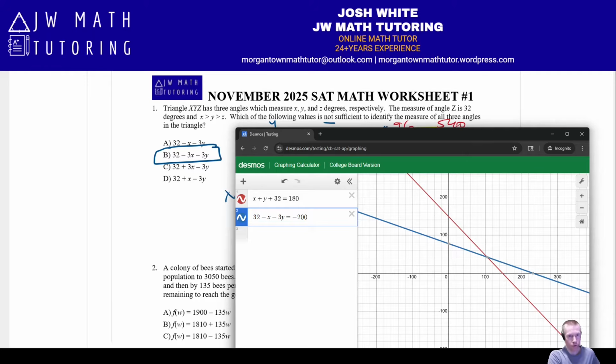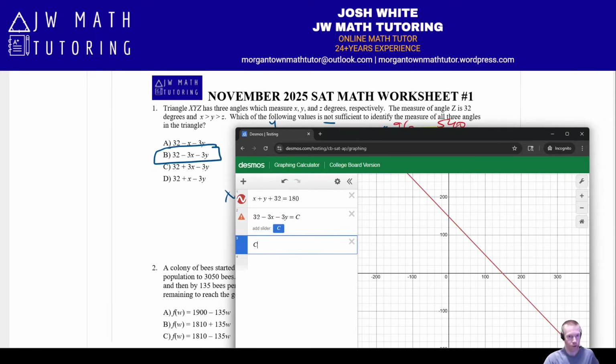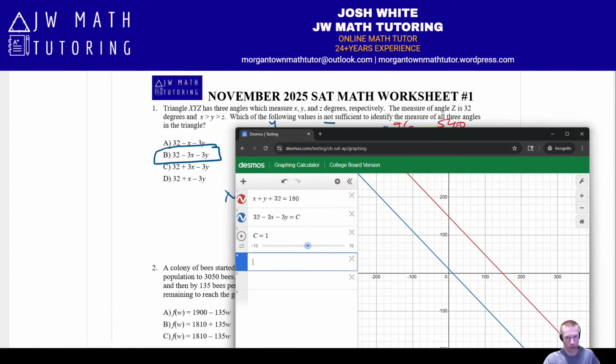Now, if you go through B, what you're going to see is the two lines are parallel, meaning you cannot find what x has to be and what y has to be. And it doesn't matter what value you choose on the right. So if I just go ahead and slide this, notice it's not really moving very much.